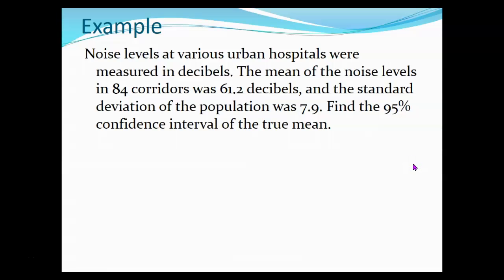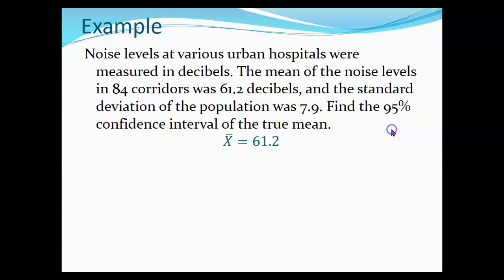Next example: noise levels at various urban hospitals were measured in decibels. The mean of the noise levels in 84 corridors was 61.2 decibels, and the standard deviation of the population was 7.9. Find the 95% confidence interval of the true mean. So we need the sample mean x bar, the population standard deviation sigma, the sample size n, and the number for z sub alpha over 2.